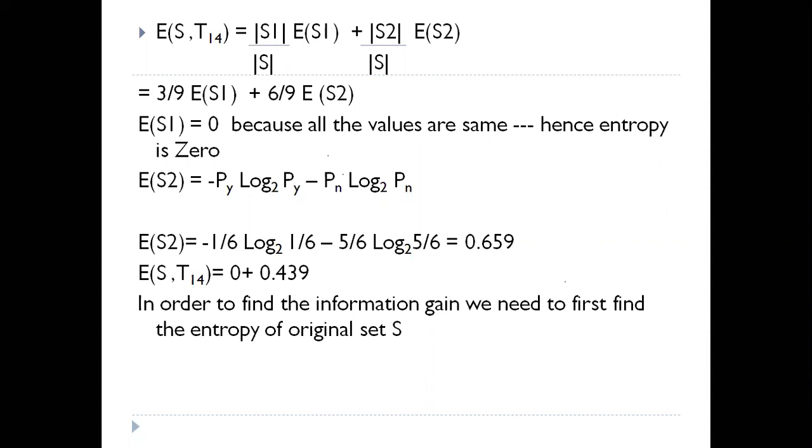When I calculate the entropy of S2, I'll use this simple formula: minus p_y log2 p_y minus p_n log2 p_n, where p_n is the probability of occurring no. Why am I taking log 2? Because I have only two values, binary values, either yes or no.